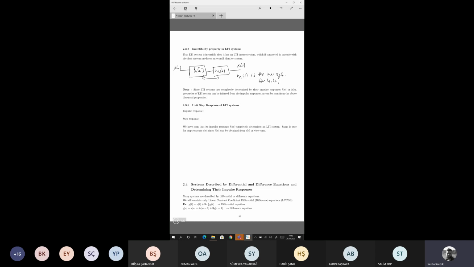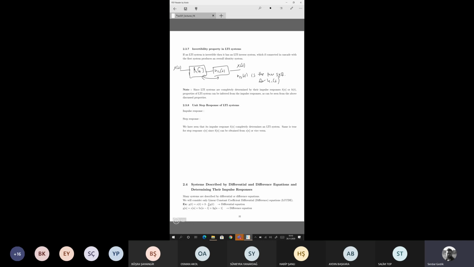And we know that since LTI systems are completely determined by their impulse responses, as we have shown, we can deduce the properties such as the memoryless property, stability, or causality by just looking at the impulse response.